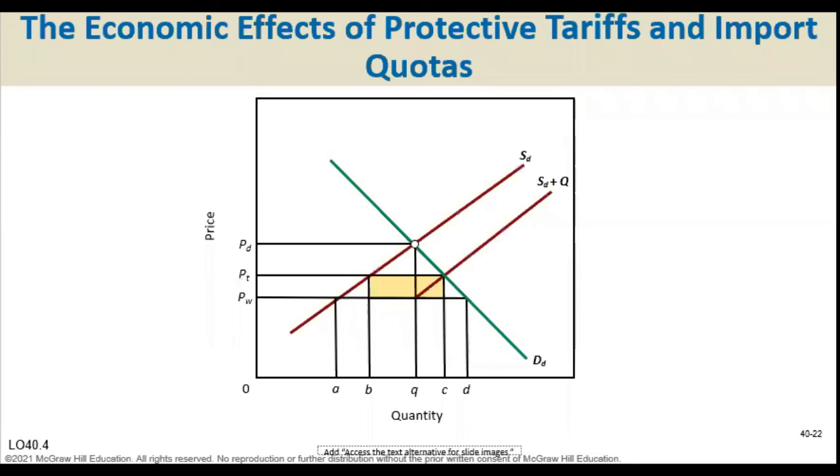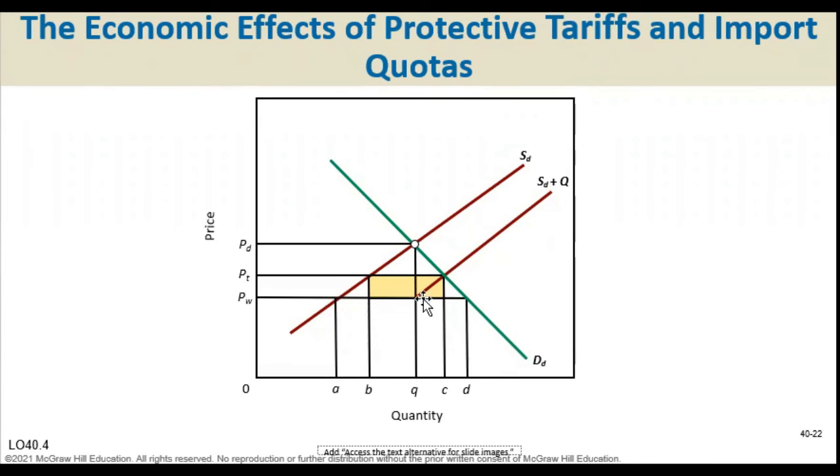So here, this graph illustrates the effect of a tariff or a quota on domestic supply and demand. At the world price, there's a shortage in the market that is equivalent to AD.